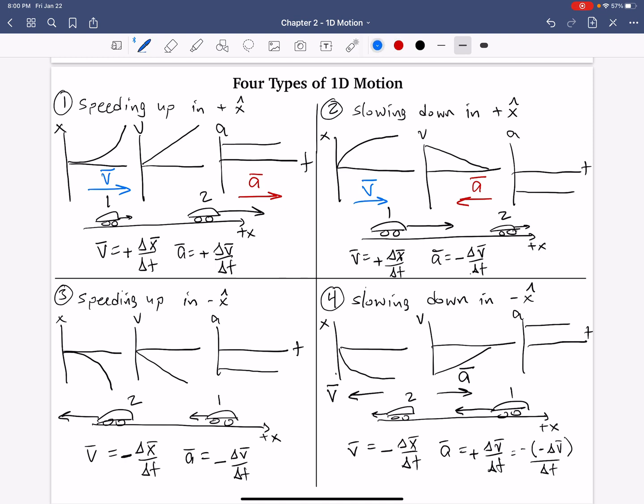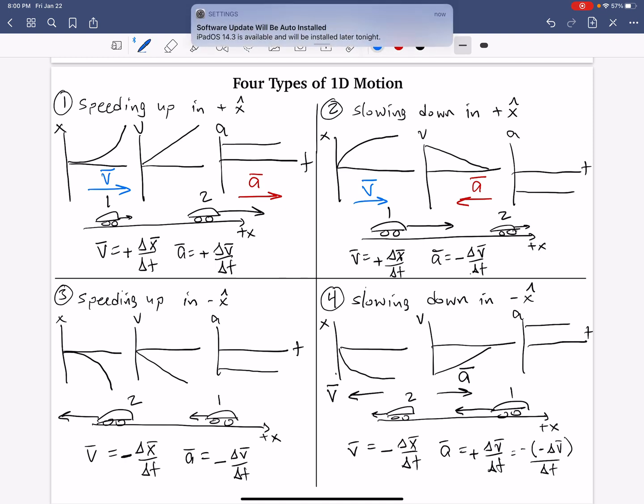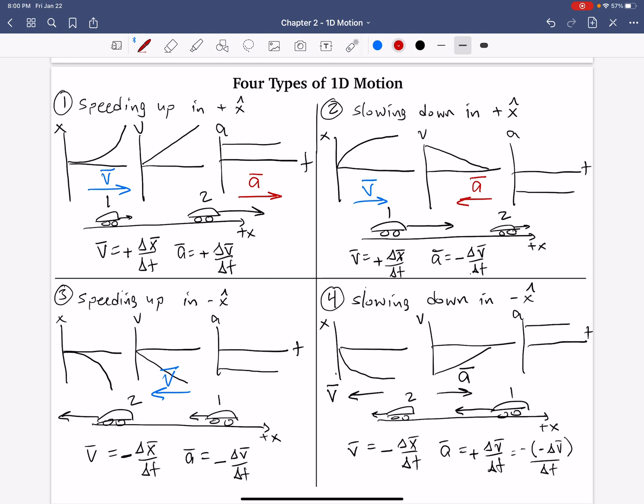For number 3, the velocity is negative, and the acceleration is also negative. And then let me update number 4. I hope this will be a good visual for you to see the correlation between velocity and acceleration.